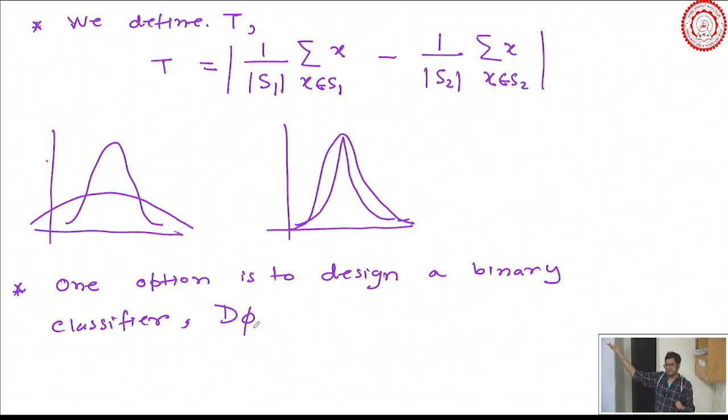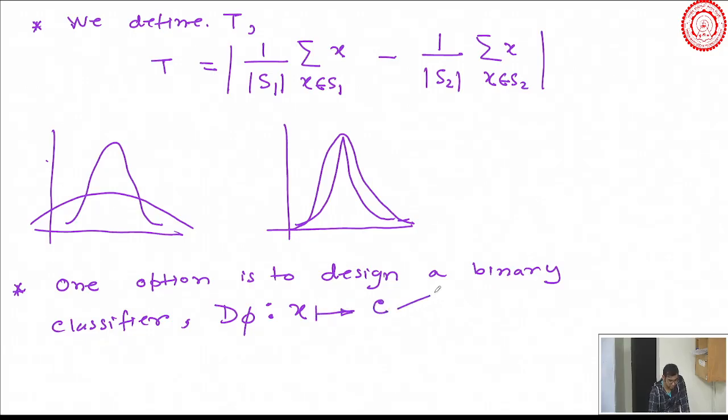The last layer will be sigmoid because it is binary classification. The intermediate layers can be any activation function you like. So D of phi will map X. X is the data I have, image, time series, whatever data I have. It will take a data point and tell which class C it belongs to.